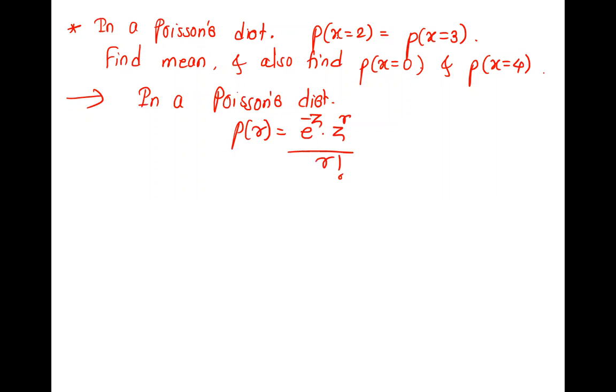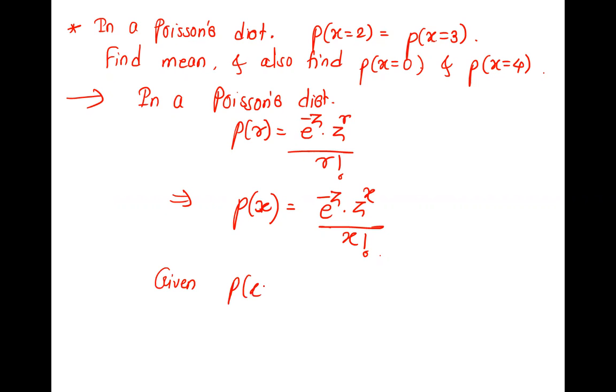But here R is replaced by X. Generally we write R is equal to 0, 1, 2, 3, but here X is used. So we can replace all R by X. The formula is e raised to minus Z, Z raised to X upon X factorial. If they use any other variable, we can change accordingly.